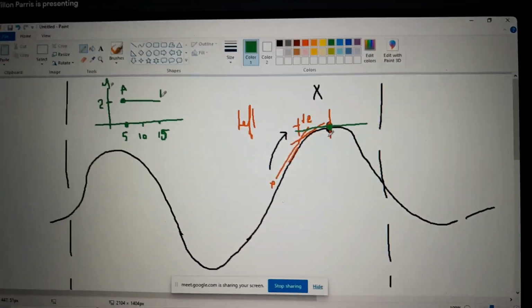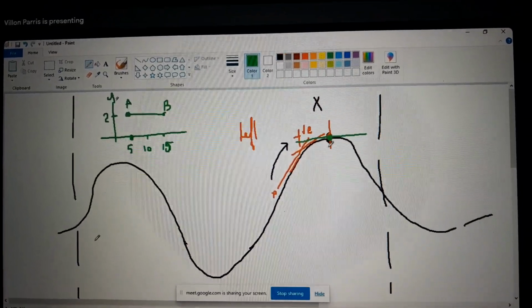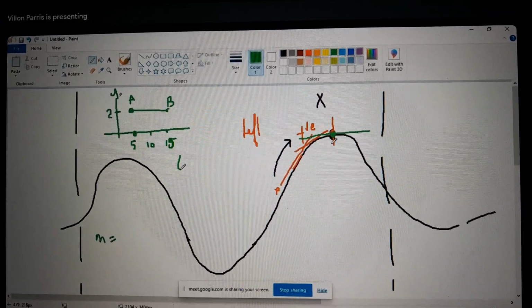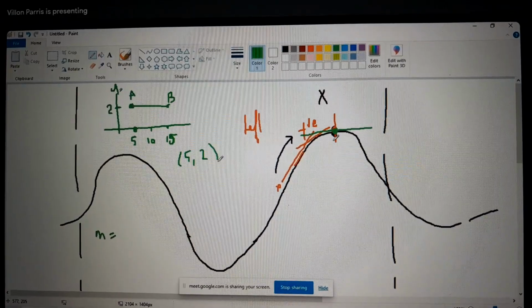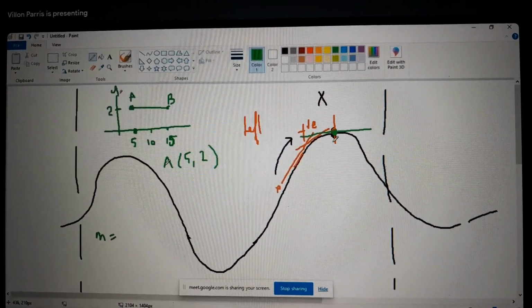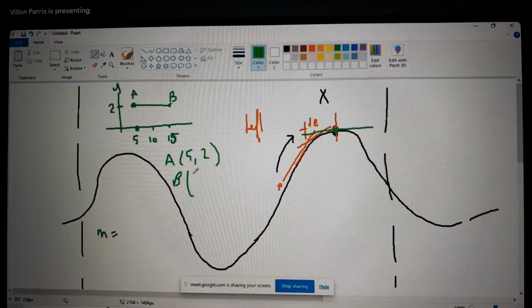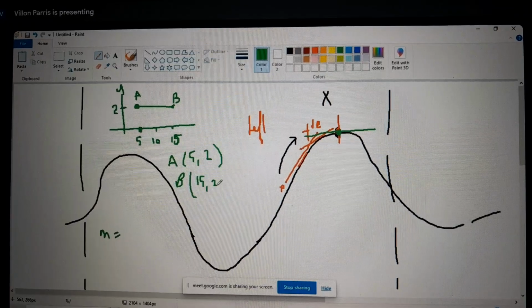AB is a horizontal line. Quickly, please find the gradient of AB. The point A is (5, 2) and the point B is (15, 2). What would be the gradient of this line?